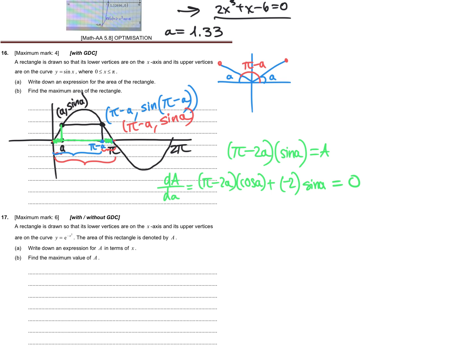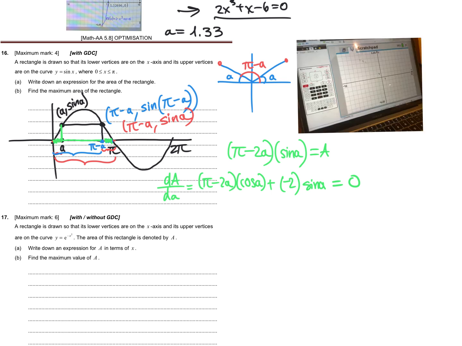So this is with the graphing calculator. I'll show you both ways on the calculator. Okay, so we will put in both. So bracket pi minus 2x close bracket times sine x.